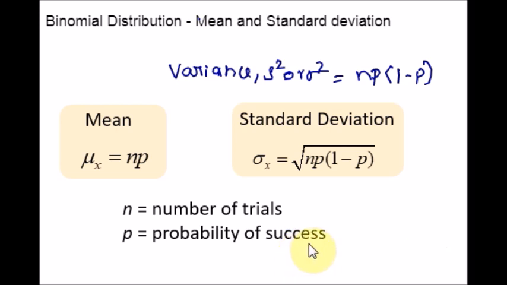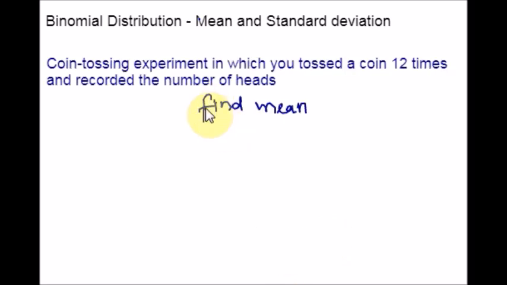A very popular example in probability is tossing a coin. So I'm going to consider a coin tossing experiment in which you toss the coin 12 times and record the number of heads. Getting a head is the success here. If you performed this experiment over and over again, what would the mean number of heads be?